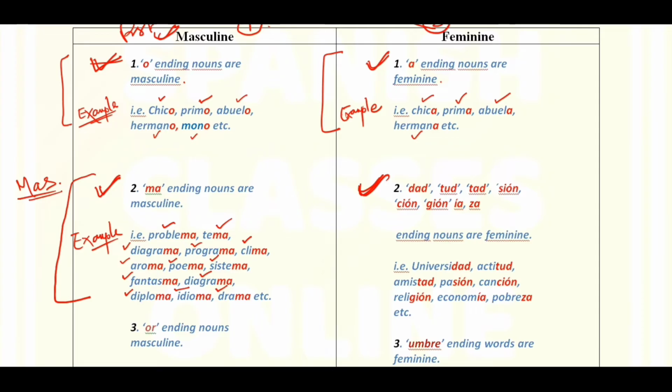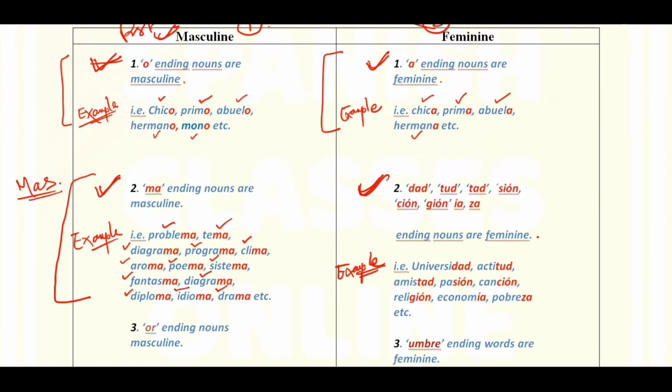Come to the second point, feminine side. -dad, -tud, -tad, -sión, -ción, -gión, -ía, -eza. These are suffixes. If any noun is ending with these suffixes, it is feminine in nature.